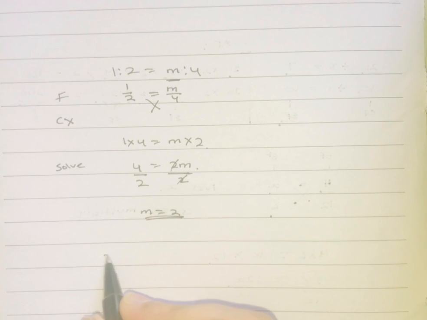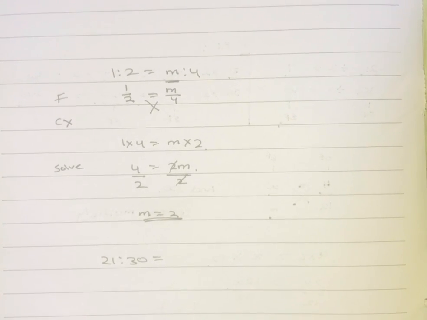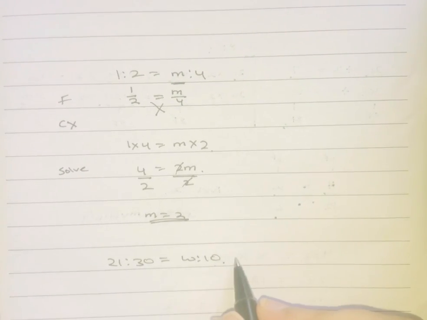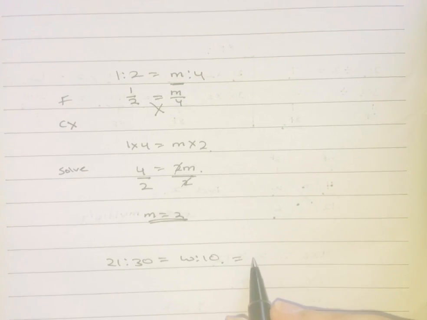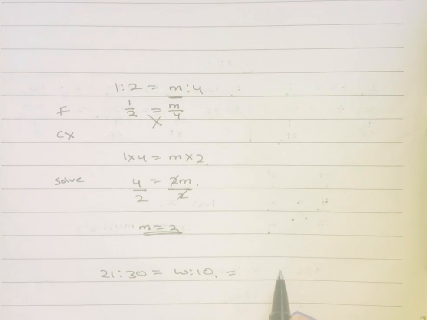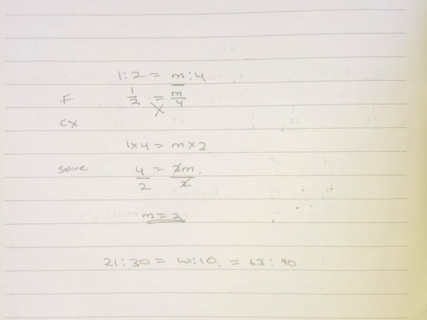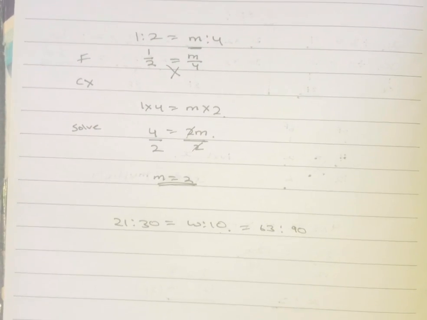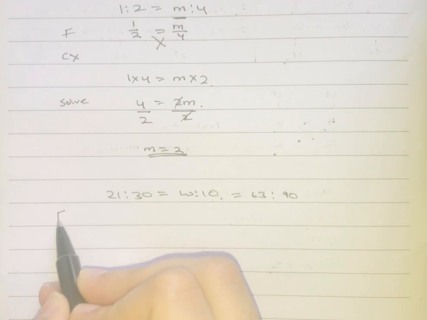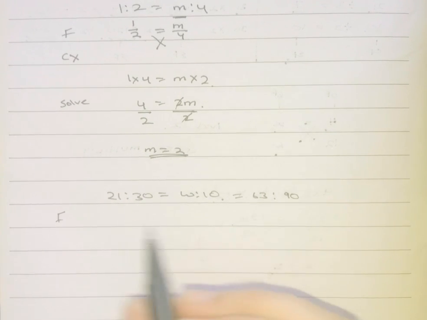So 21 ratio 30 is equal to W ratio 10, is equal to 90 ratio 63. That's scary, isn't it? Well, it isn't. It just looks scary, but it's not hard. So the first thing you gotta do is convert into fractions. The same steps. It's just another additional ratio right there.